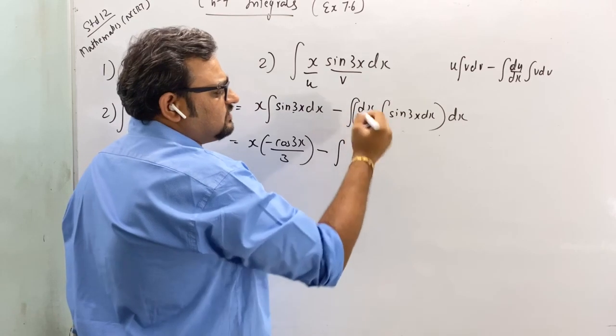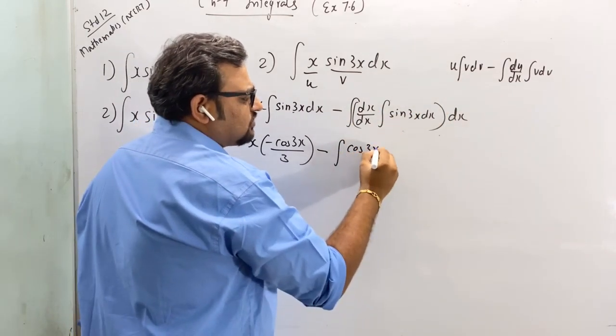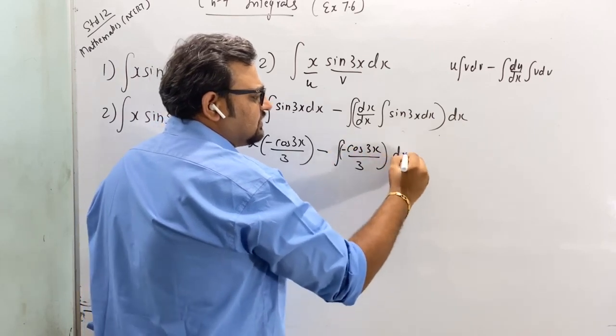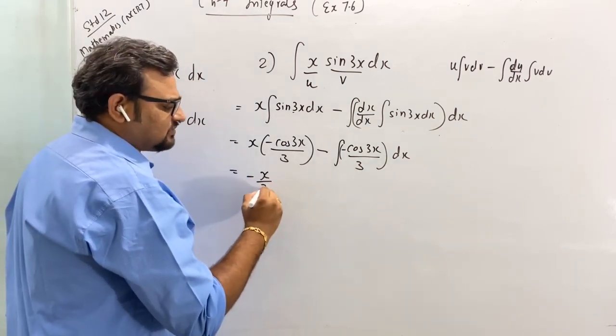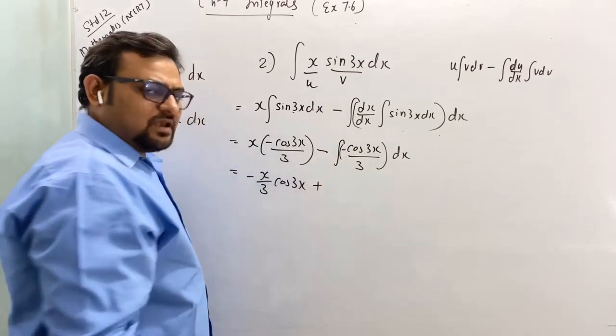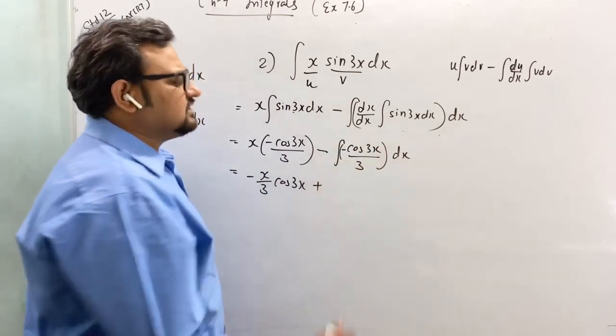That will be cancelled, so it will be 1 and the integration of sin 3x, which is minus cos 3x by 3. So minus x by 3 cos 3x, minus minus plus, integration of cos 3x.